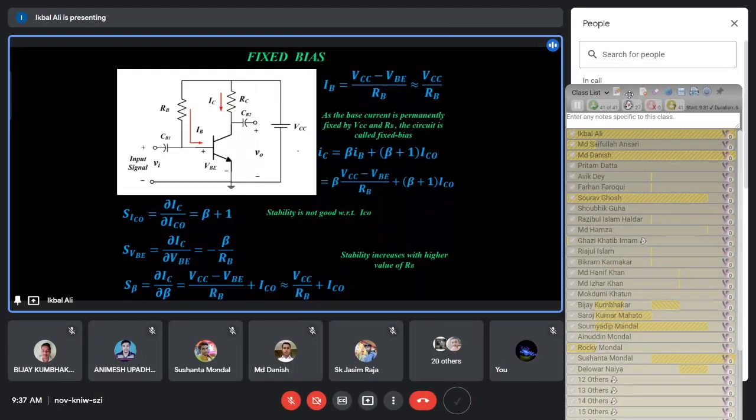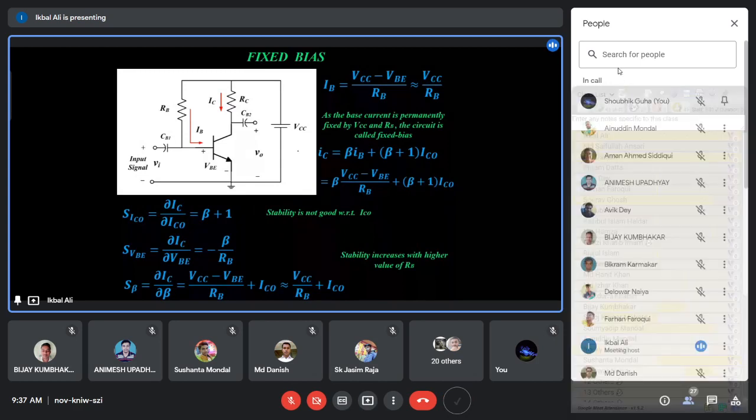So we are dealing with the biasing of the transistor, and the transistor is a three-terminal device.